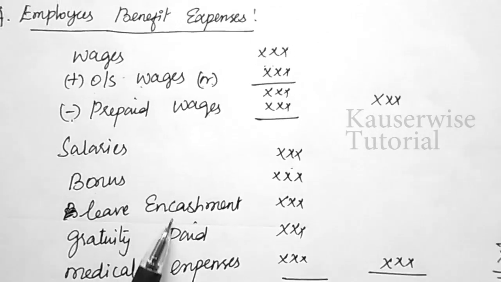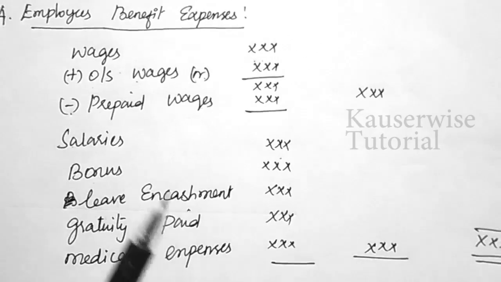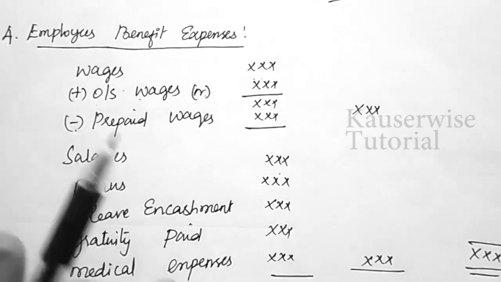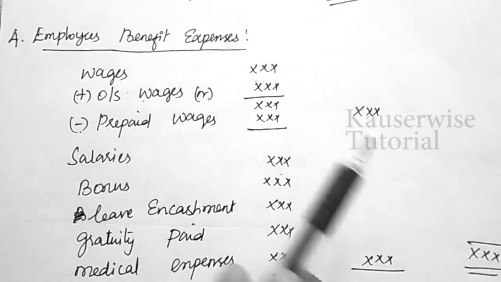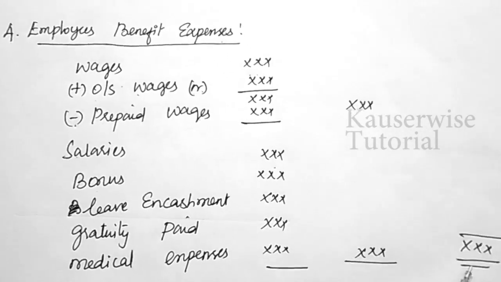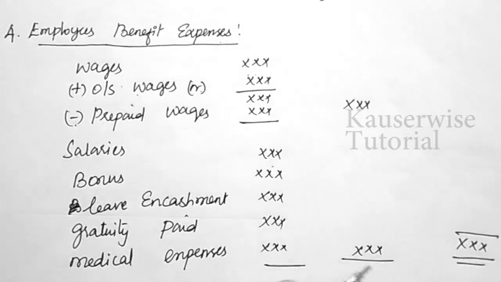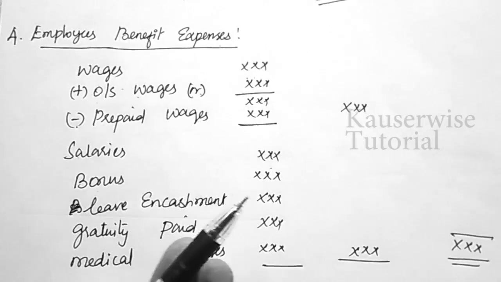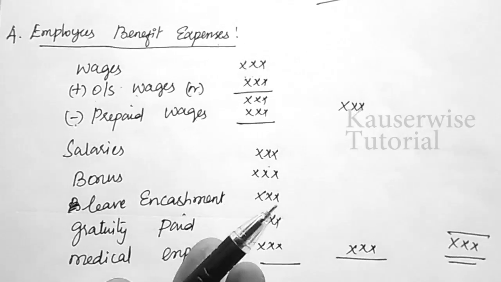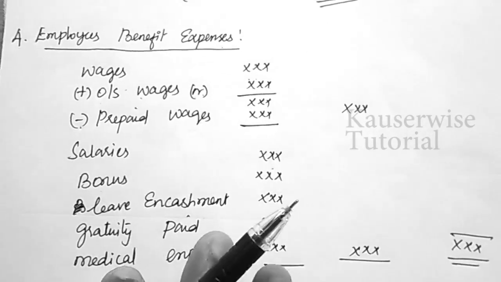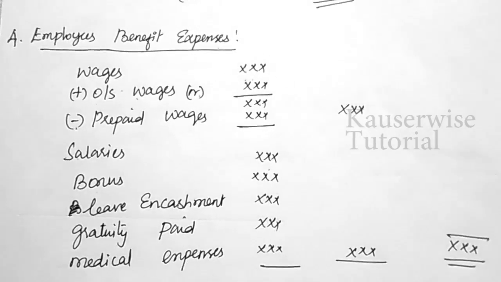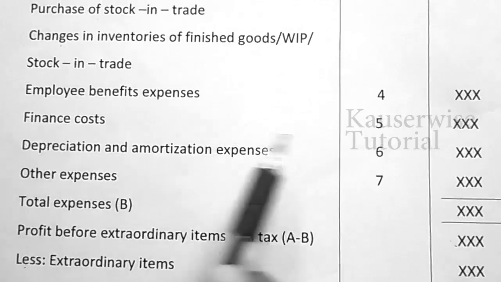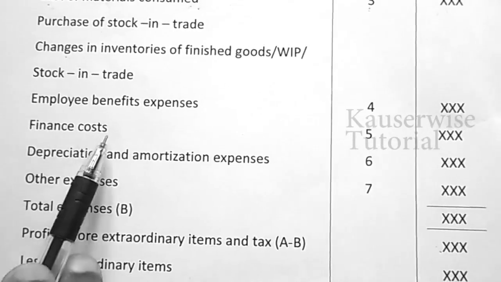These are the different expenses related to employee benefit expense. All those expenses will be recorded under employee benefit expense. The final amount will be recorded in the statement of profit and loss. If there is any outstanding or prepaid, that will be adjusted here itself. You need not show any calculation, any addition or subtraction in the statement of profit and loss, and the final amount will be recorded in the statement of P&L. Next one is the 5th one, that is finance cost.